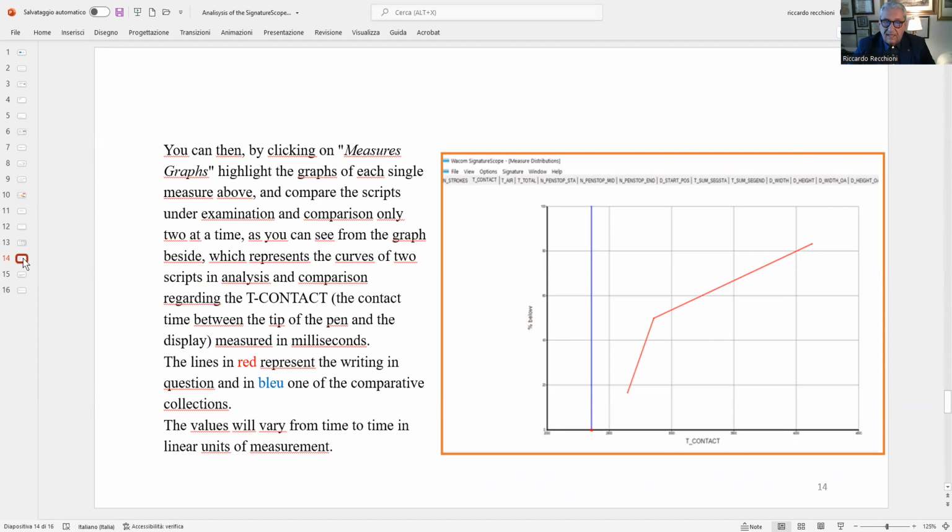The contact time between the tip of the pen and the display is measured in milliseconds. The lines in red represent the writing in question, and in blue, one of the comparative collections. Their values will vary from time to time in linear units of measurement.